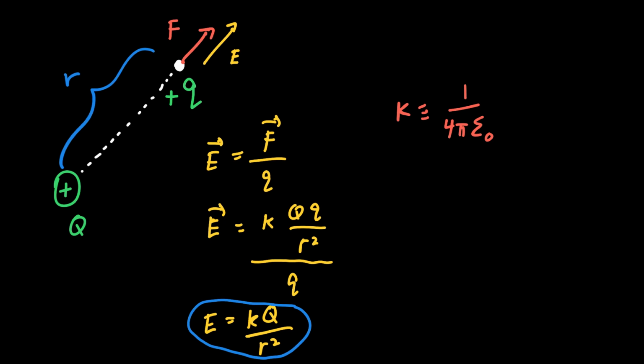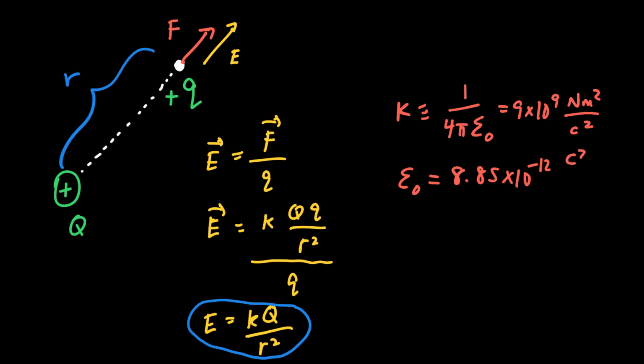All of that together is equal to about 9 times 10 to the 9, and the units of that are newtons times meters squared per coulomb squared. And so when K is written as 1 over 4 pi epsilon naught, the permittivity of free space is equal to 8.85 times 10 to the negative 12 coulomb squared per newton per meter squared.